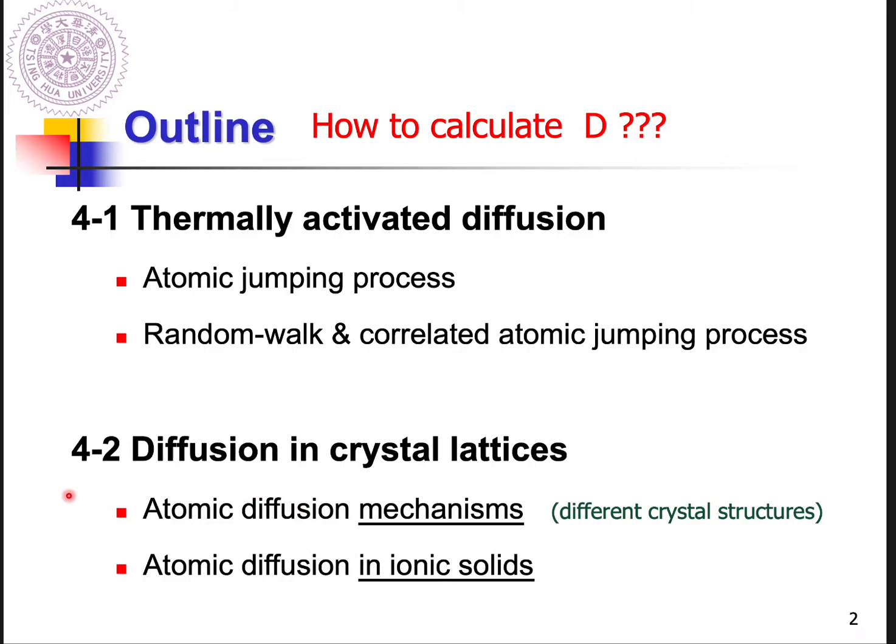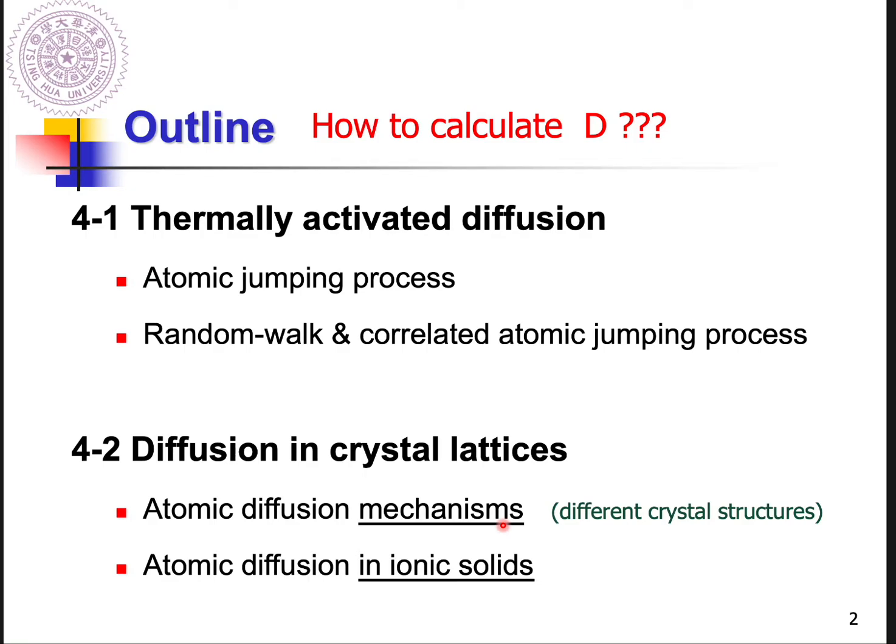In the second section, we are going to give you some more real examples. We are going to talk about diffusion in different crystal lattices. First, we are going to talk about atomic diffusion mechanisms.